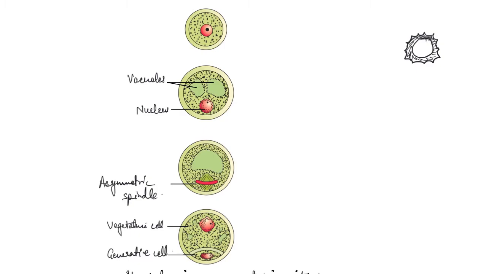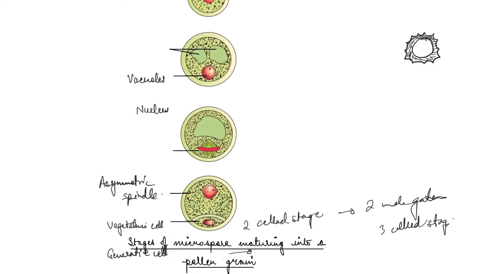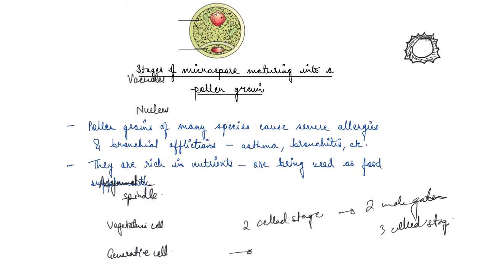And later on, this generative cell, so basically this is the two-celled stage. But later on, what happens? This generative cell divides and gives rise to two male gametes in some cases, which is a three-celled stage. Right. So this basically is nothing but the structure of a pollen grain.